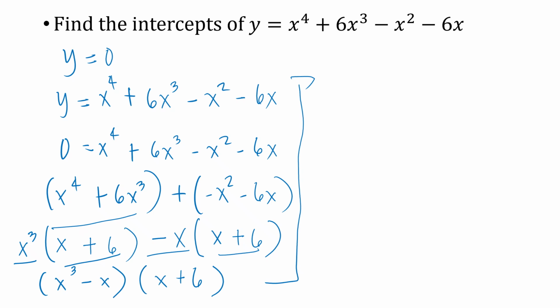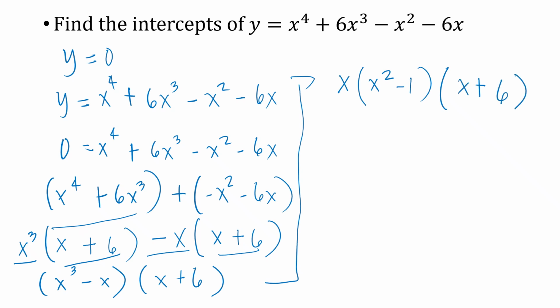Diba? What is the common factor between x cubed minus x? Their common factor is x. If we factor out x, then yung natitira na lamang sa loob ay x squared minus 1. Then copy x plus 6.